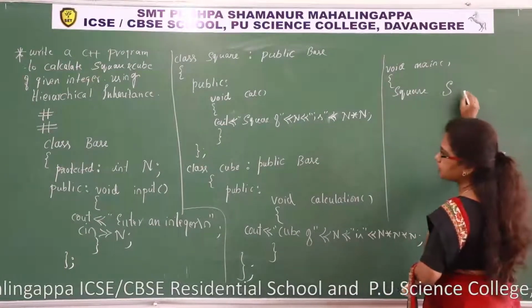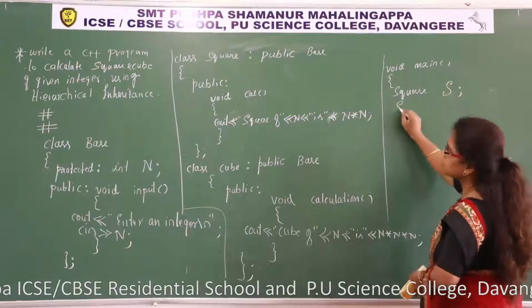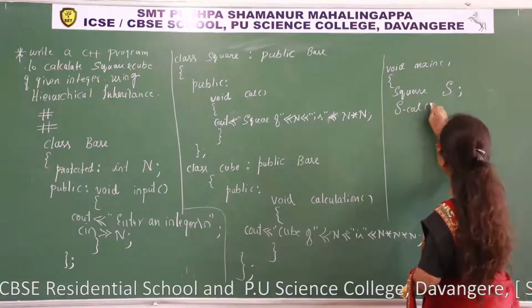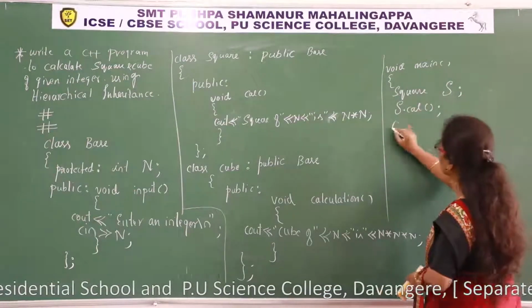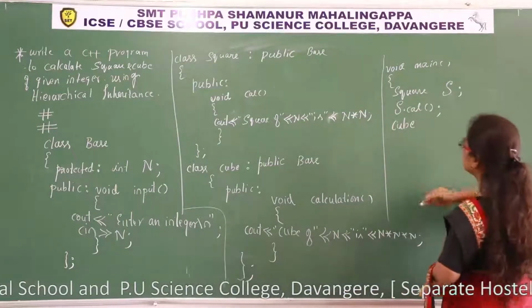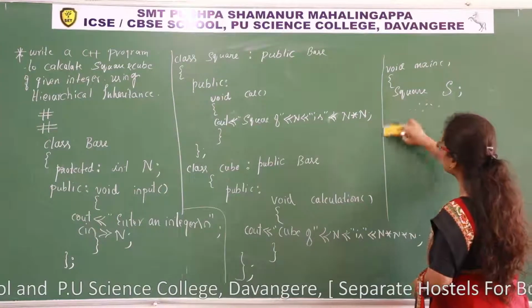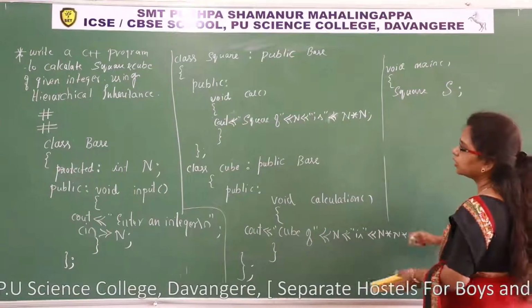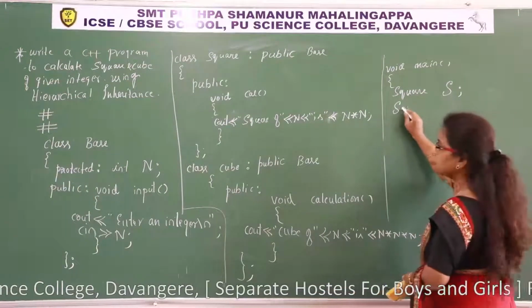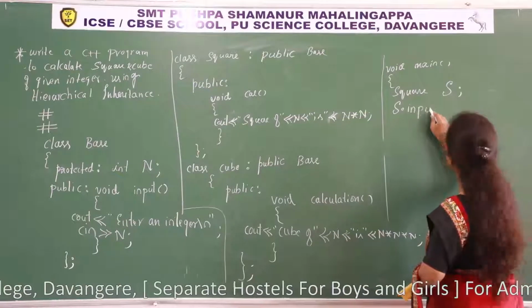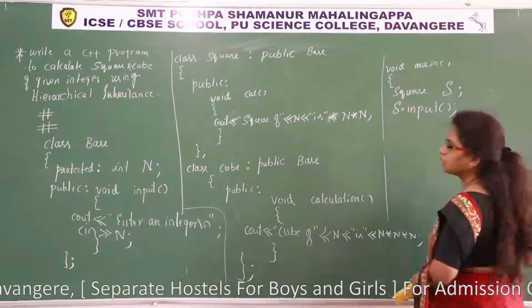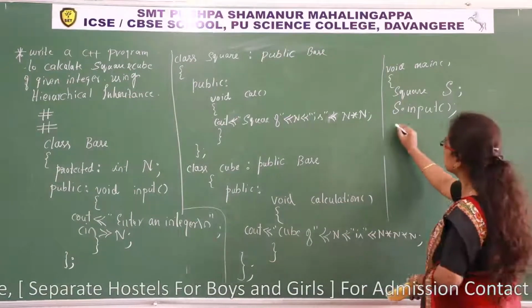Name of the object is yes here. Before going to call cal function, we must call input function: yes dot input. After that yes dot cal.